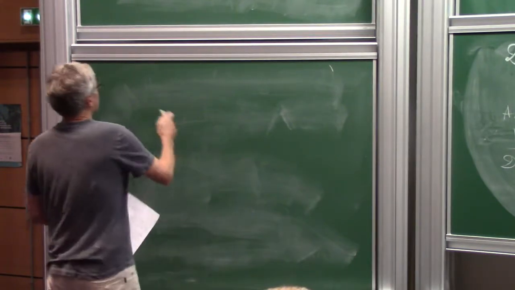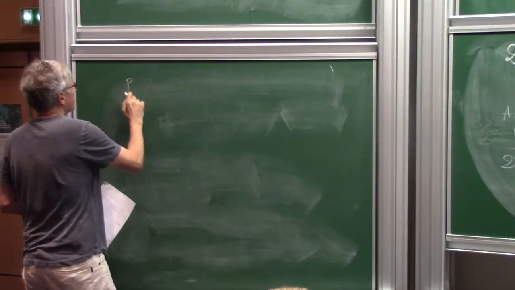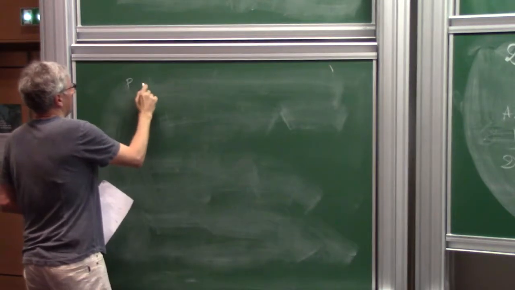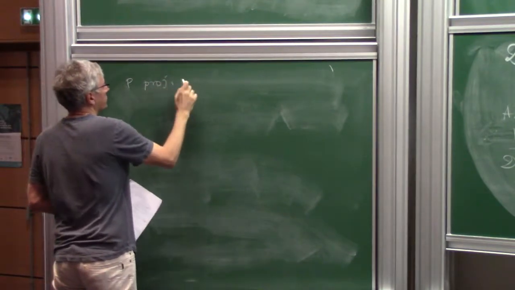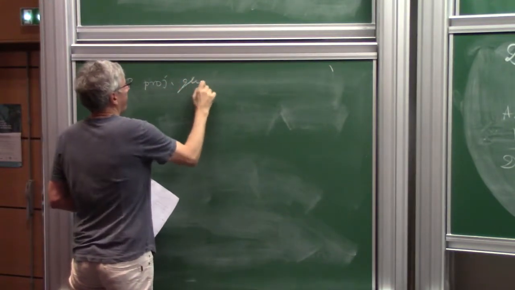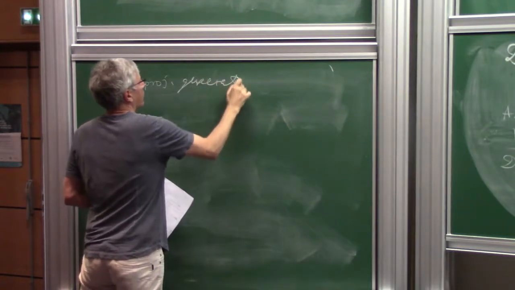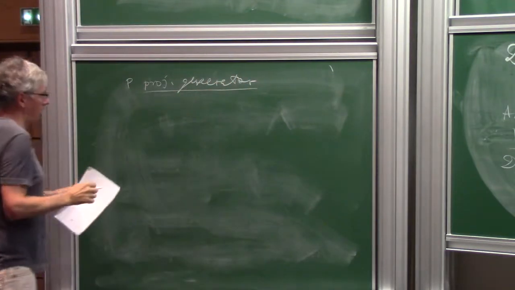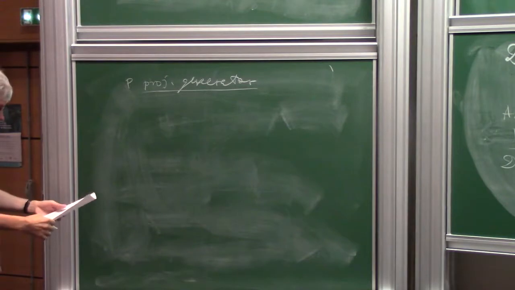So still analysis. Assume we have this projective generator P in the middle, in the quotient structure.